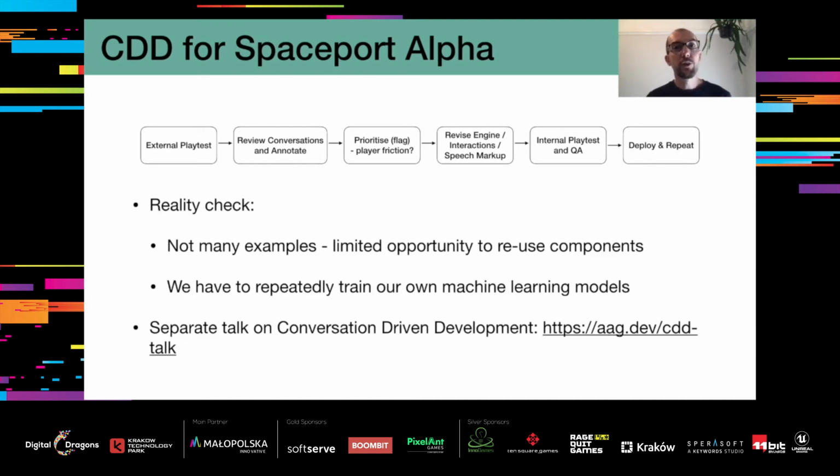I'll then do an internal playtest and a sort of QA of the next iteration of the game. How's it holding together? Does it fit the bigger picture, the bigger story? Is it going in the right direction? And if I'm happy, I can then deploy that and repeat the process.